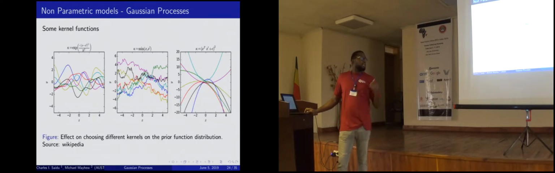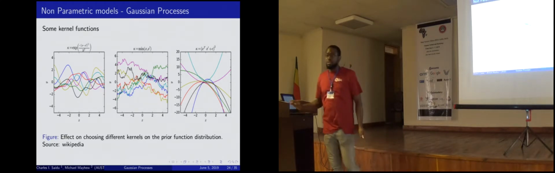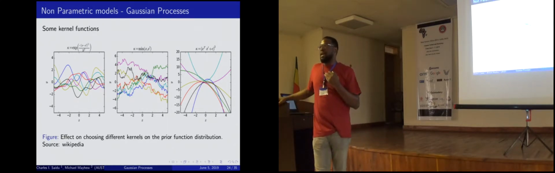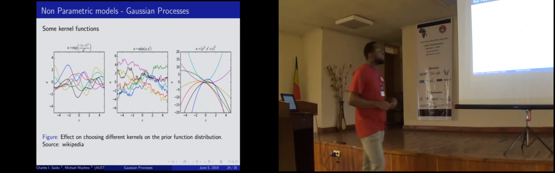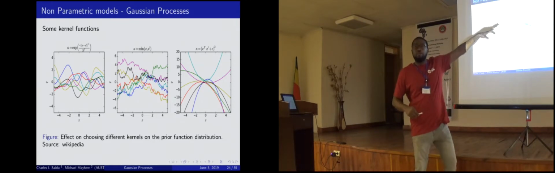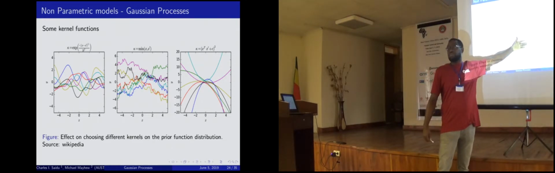There are different choices that you could pick, and this is very important because you can't just pick any covariance function, okay? It's more or less like having some prior information of how you think the functions behave. So if you think the function behaves in a Brownian motion kind of way, obviously you would like to pick this as your covariance function.